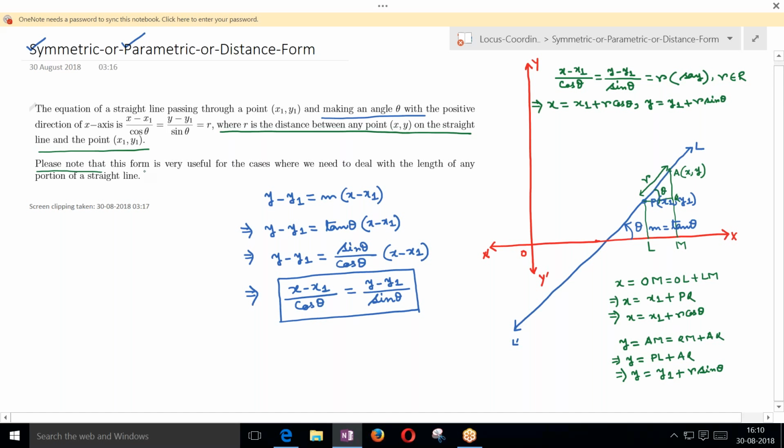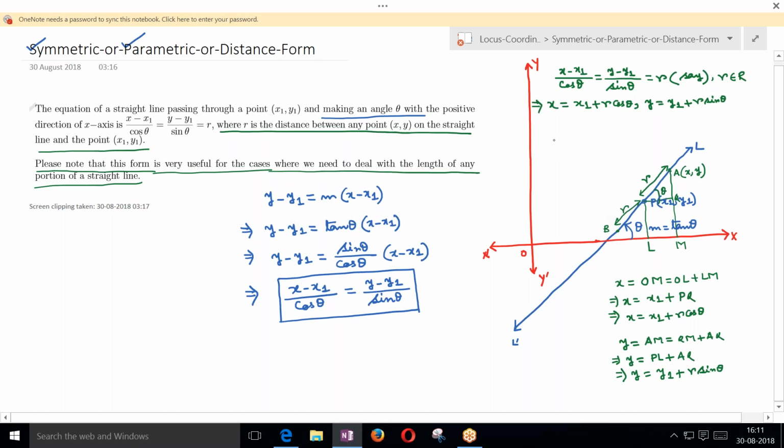Now another point: what information do we have? There is a fixed point P with coordinates (x1, y1), and we have a point A which is at a distance r from the point P. The moment we have this much information, we can also say the point A could be here. It may be possible that the point is here, suppose this is the point B, which is also at a distance r. That is also possible because we do not know. So if we derive, we will find it will be x1 minus r cos theta and y1 minus r sin theta.